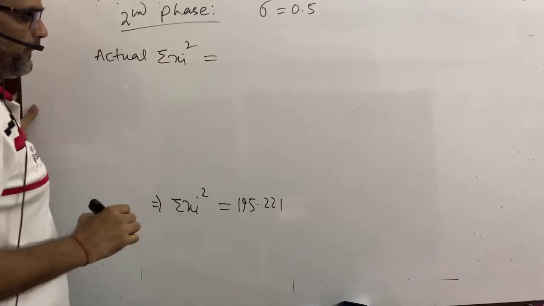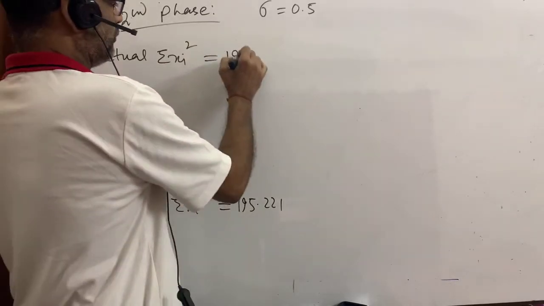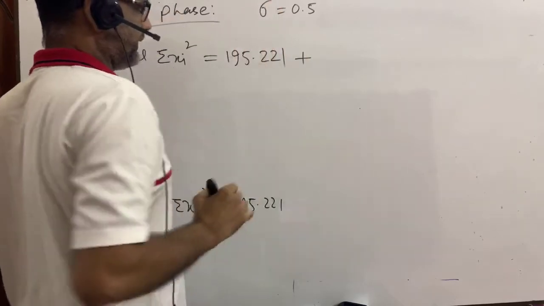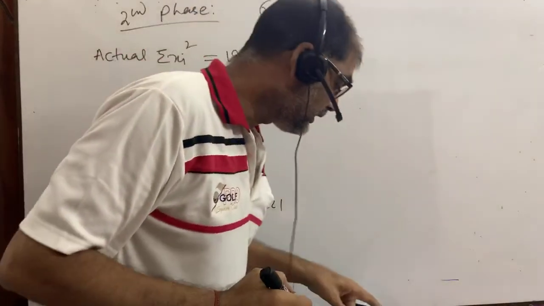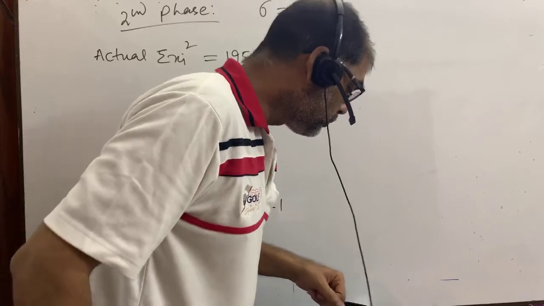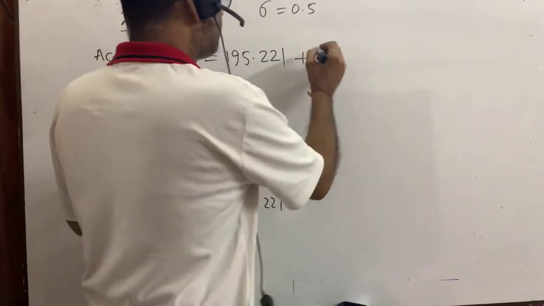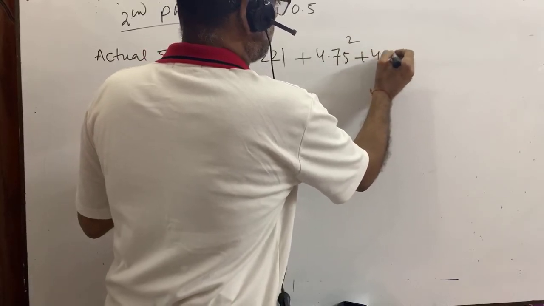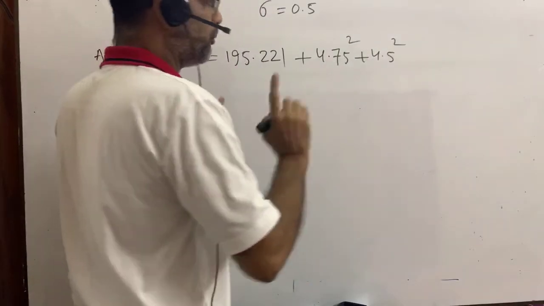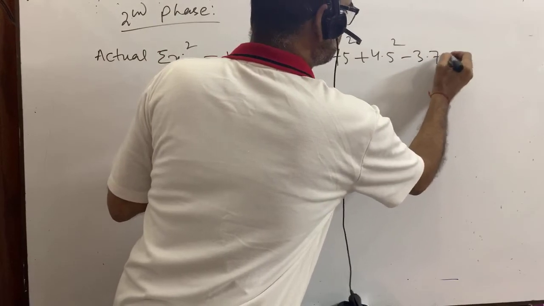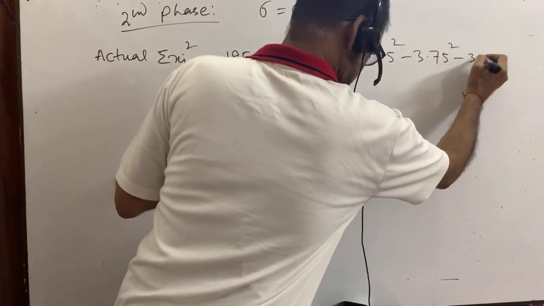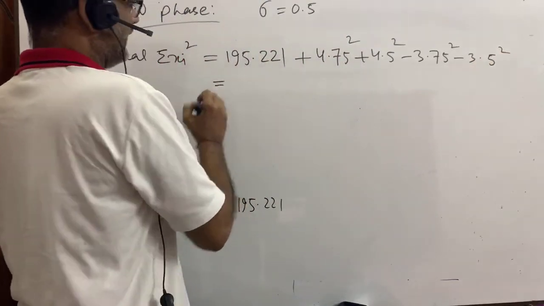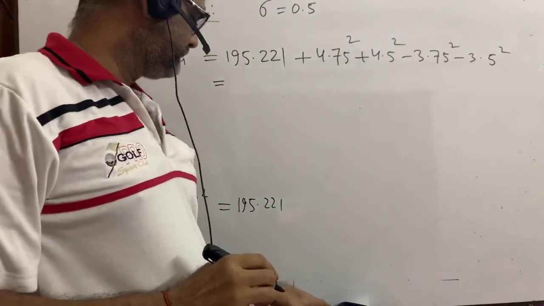It is equal to what? 195.221 plus, okay, what was our math? 4.75 square, 4.5 square, minus 3.75 square minus 3.5 square. Please calculate it. I request you all to calculate.